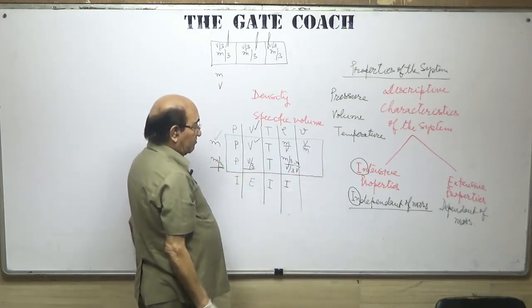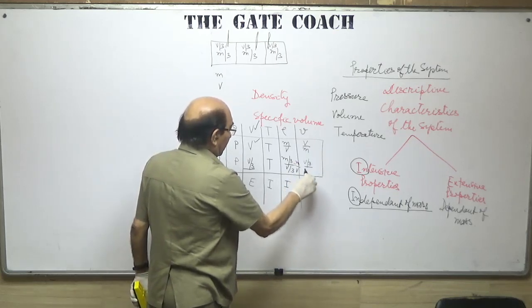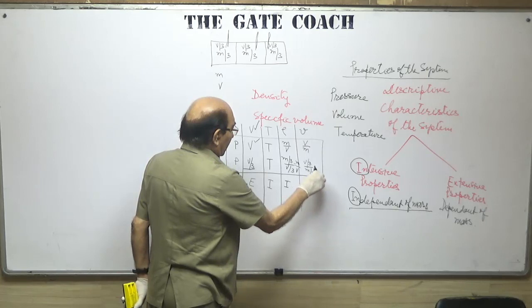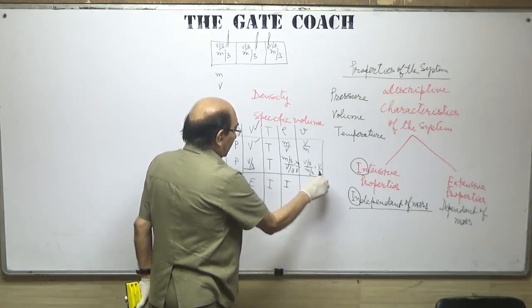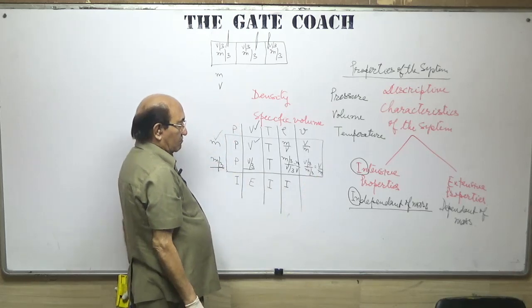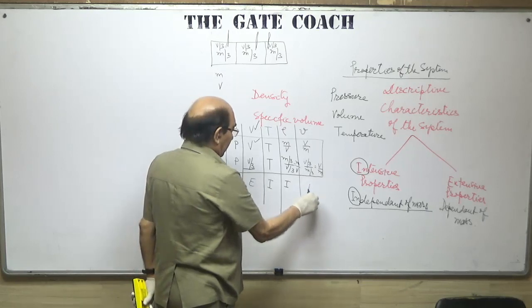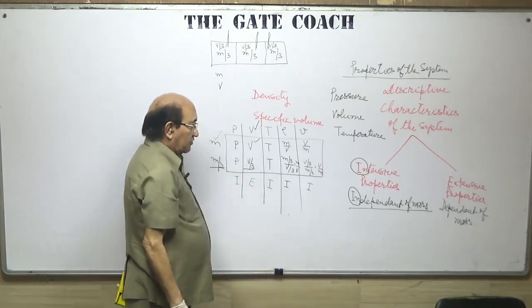When mass is m by 3, volume becomes V by 3. So, V by 3 by m by 3, which again becomes V by m. So, this is independent of mass, and hence it is an intensive property.